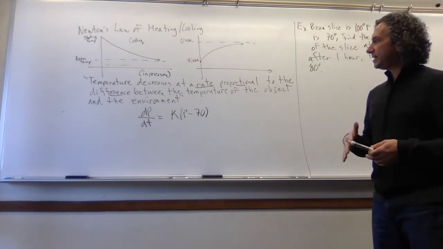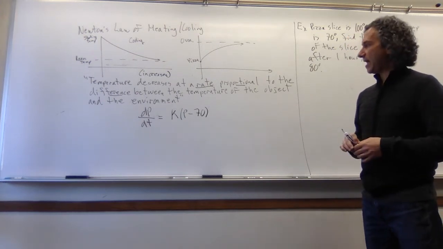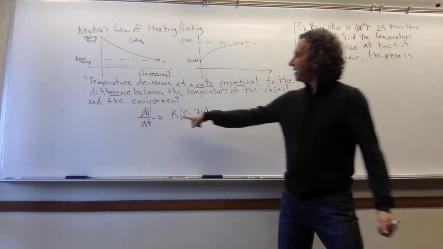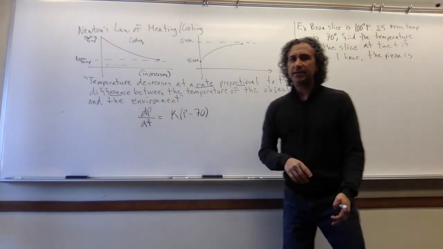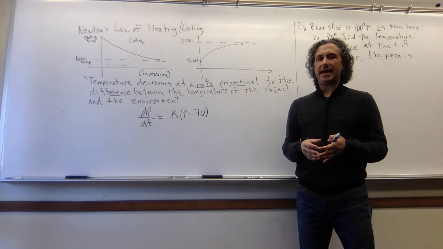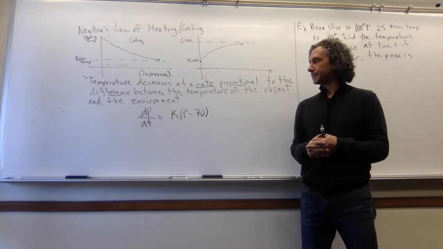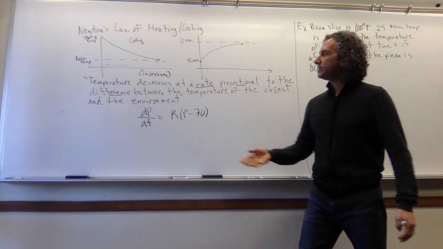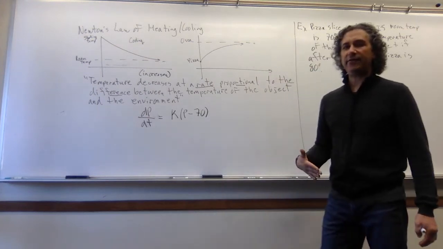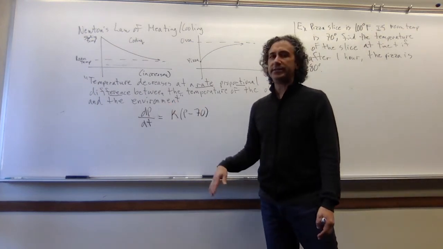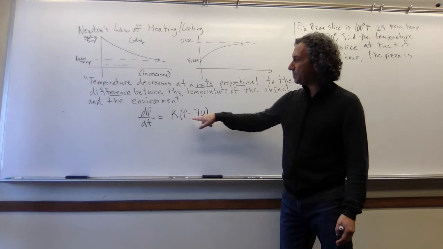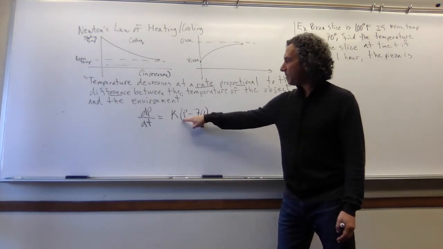Before I continue with this, I want to point something out. So dP/dt should be what in terms of its sign? Pause the video a second. So hopefully you said dP/dt should be negative because the temperature of the pizza is decreasing. Well, P is bigger than 70, so that's positive.